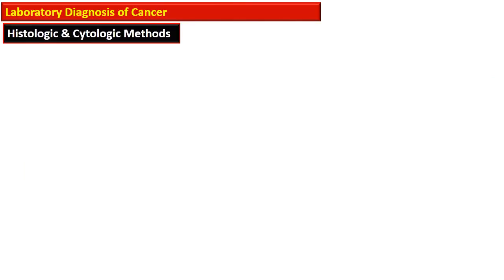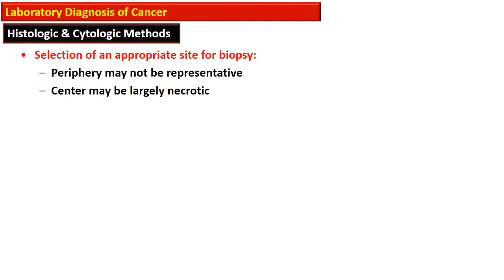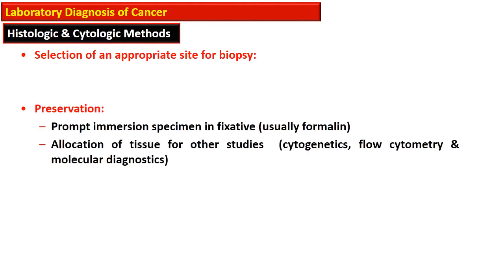For histologic and cytologic studies, a proper area should be selected for biopsy. The term biopsy is derived from bio and opsis, which means vision of life. The periphery may not be representative of the lesion, and the center can be necrotic in some lesions. The excised tissue should be preserved immediately in proper fixative.